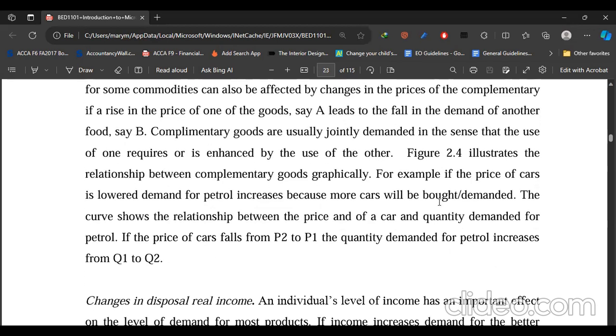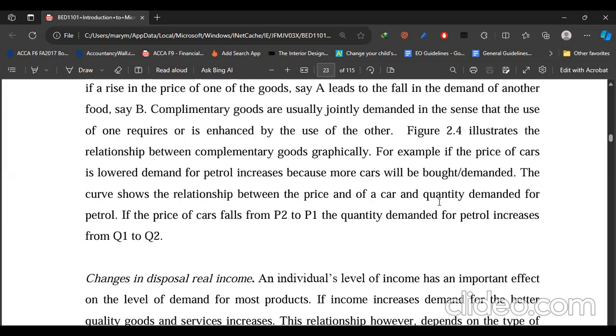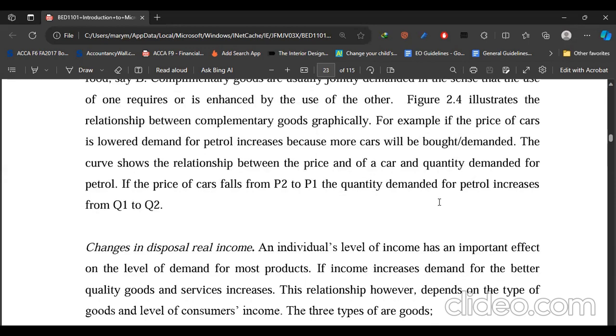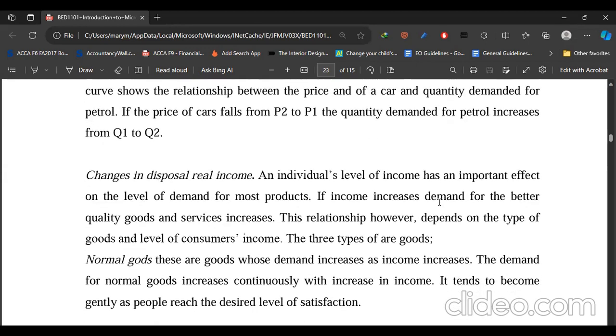For example, if the price of a car is lower, demand for petrol increases because more cars will be bought. So the curve shows the relationship between the price of a car and quantity demanded for petrol. If the price of a car falls from P2 to P1, the quantity demanded for petrol will increase from Q1 to Q2. That is the consumption.